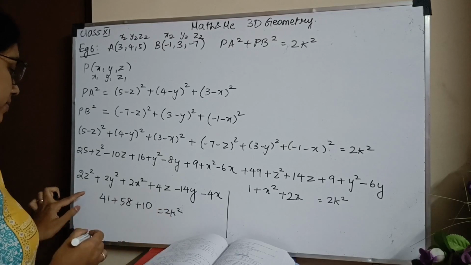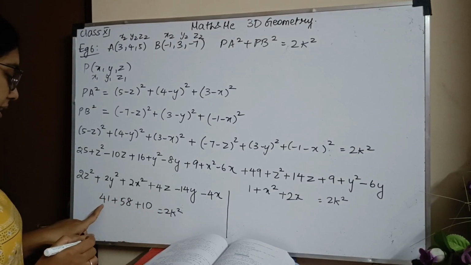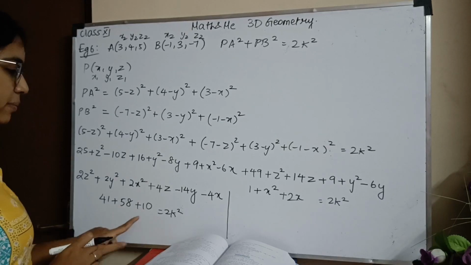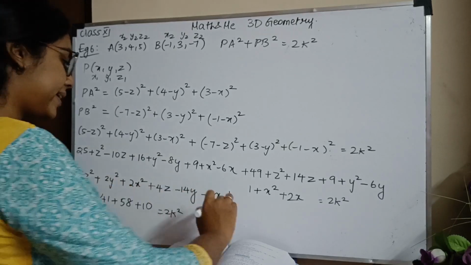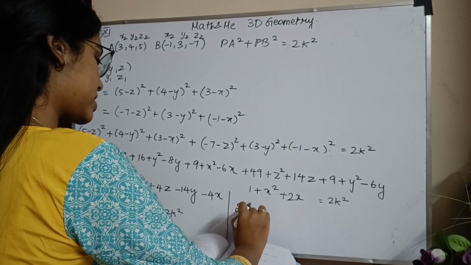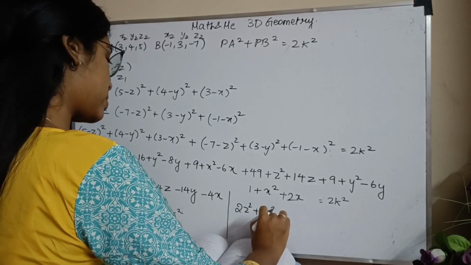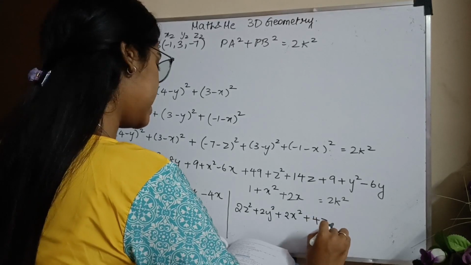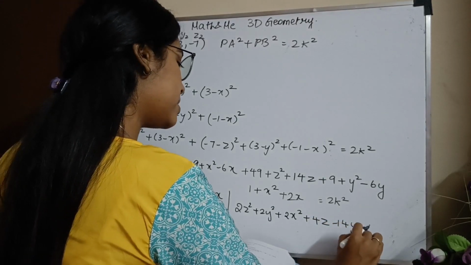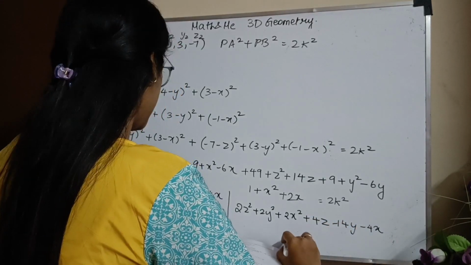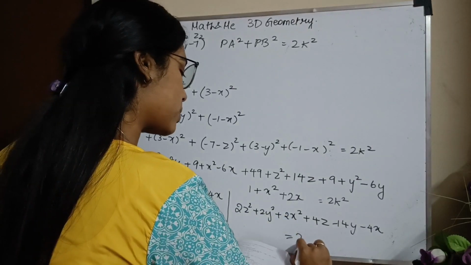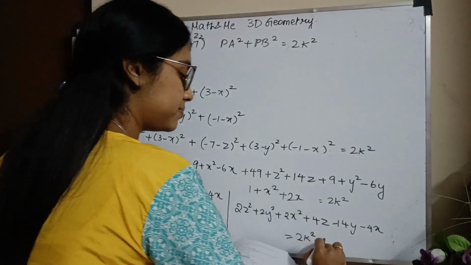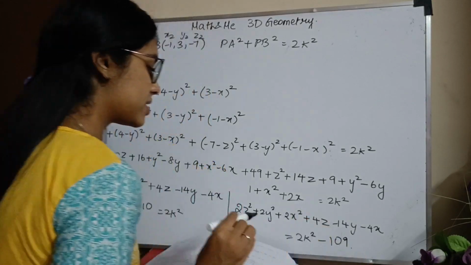So when I add the constants, I have 41 plus 58 plus 10, which will be 99 plus 10, which is 109. So what do I have? 2Z square plus 2Y square plus 2X square plus 4Z minus 14Y minus 4X equals 2K square minus, when I add, 109. So this is the equation.